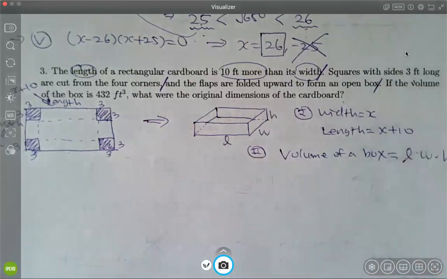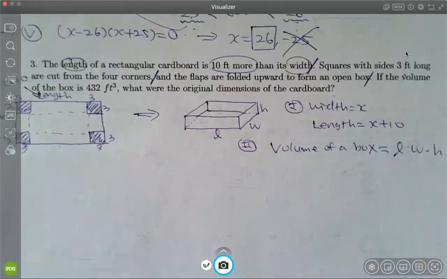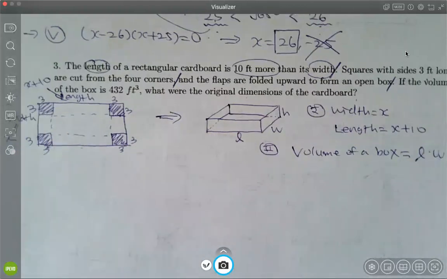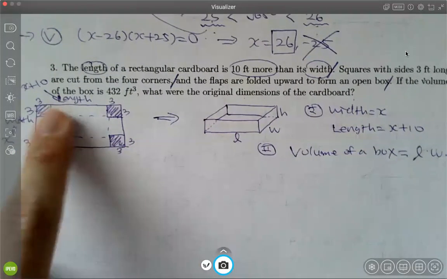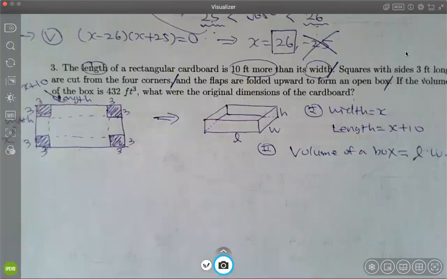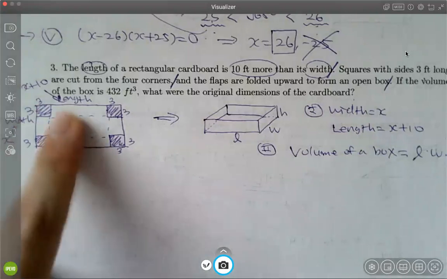Okay, so now here's my trap question. Is the length equal to x plus 10? Is L equal to x plus 10, basically? No. And why not? X plus 10 was the length of the original rectangle, right? But do you form this open box from the original rectangle?